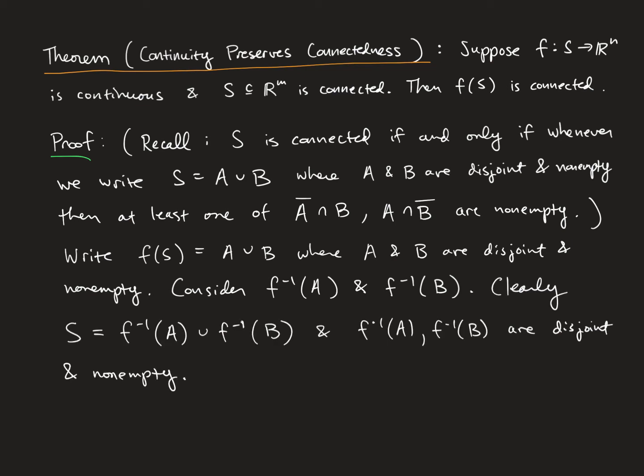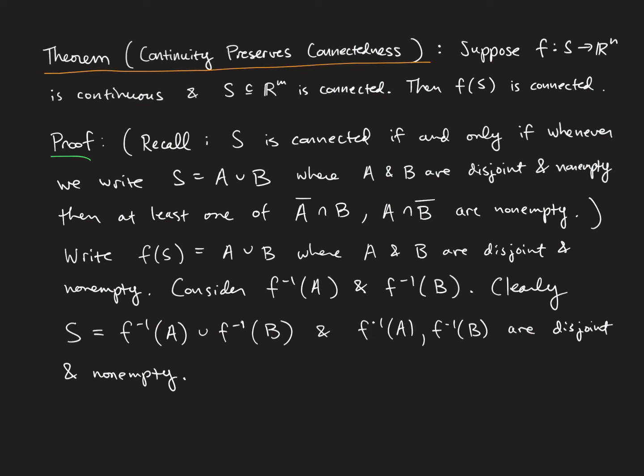So why are these disjoint? Well, if you have something in f inverse of A and something in f inverse of B, then its image has to be in A, but also in B. But the problem with that is that A and B are disjoint. So the fact that A and B are disjoint implies that f inverse of A and f inverse of B are disjoint. So why are they non-empty?